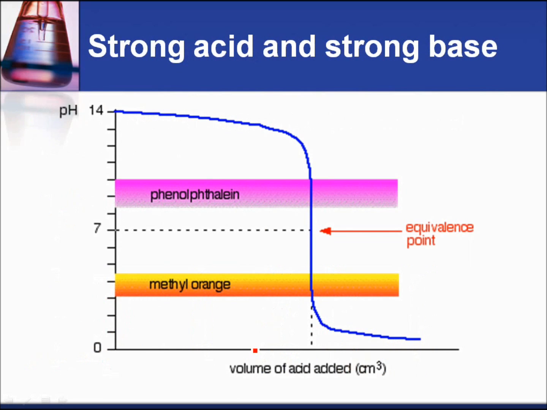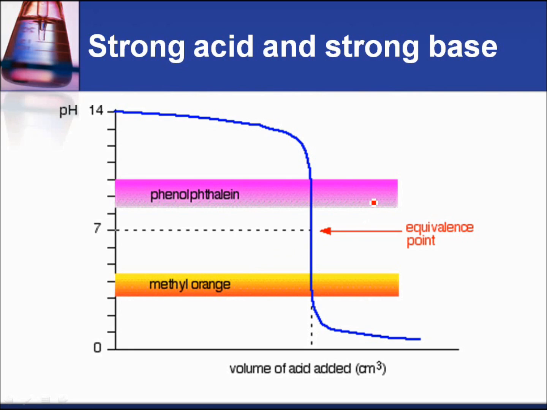Next, let's look at choosing the right indicator for different titrations. So we have a strong acid and a strong base. Now you can see we have phenolphthalein here and methyl orange here. Now you should choose an indicator that changes color at the equivalence point.